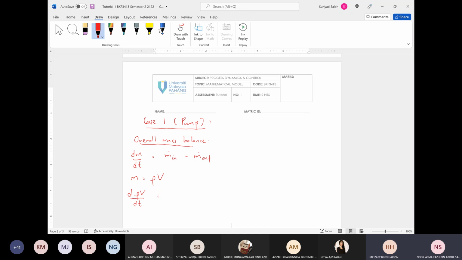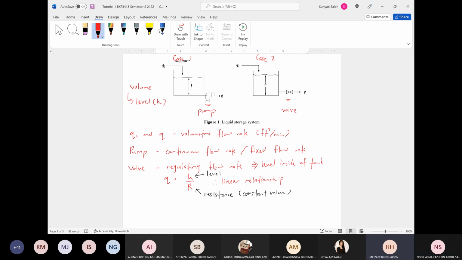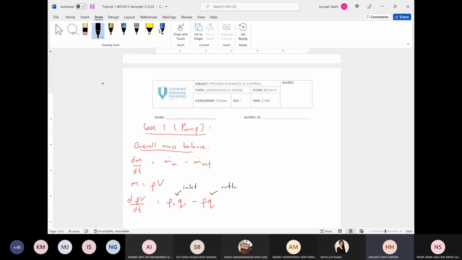The Q given in this case is volumetric, so since you want a mass, you need to multiply it with the density. So we have rho Qi minus rho Q, where Qi represents your inlet and Q represents your outlet. There is only one inlet and one outlet involved for this storage system.